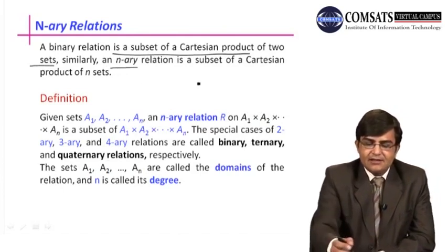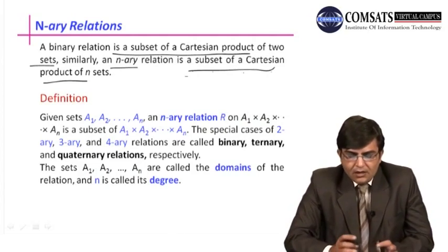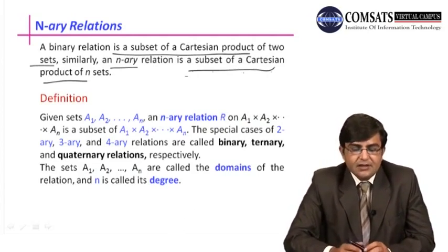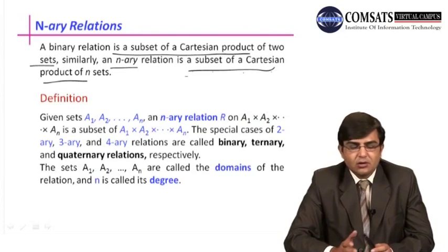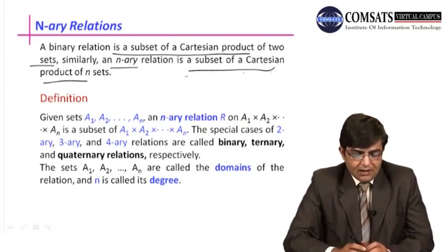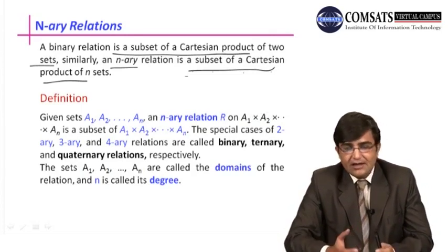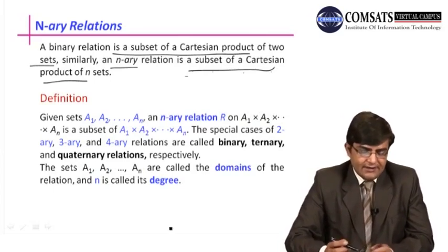Similarly, an N-ary relation is a subset of Cartesian product of n sets. This is the obvious thing, as we have studied in Cartesian product. Any relation is basically the subset of Cartesian product of two sets, or one set A cross A. Now the N-ary relation is basically we generalize the concept of binary relation to n sets.